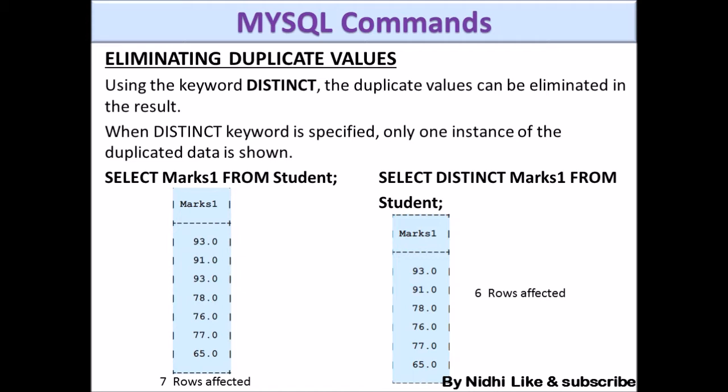Okay. Next, one more example I want to take for eliminating duplicate values. Suppose a gender column is there, in which we have kept only the values male and female. In the table you will find many rows like Ishita female, Sanjay male, Priya female, Uday male.